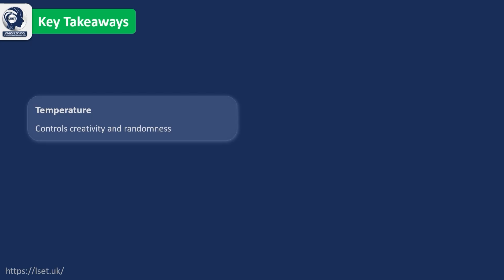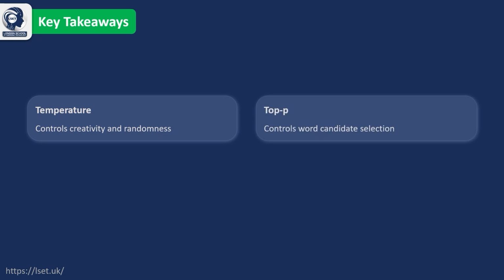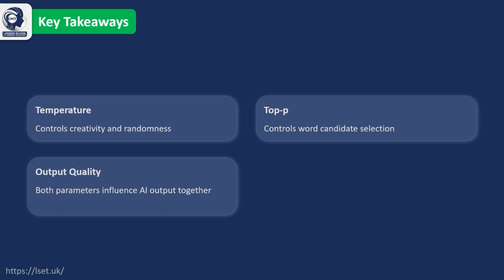Let's summarize the key concepts we've covered in this module. We learned that temperature controls the creativity and randomness of AI-generated responses, while top P determines which candidate words the AI can choose from during text generation. We also discovered that temperature and top P work together to influence the overall quality, consistency, and diversity of the AI's output.